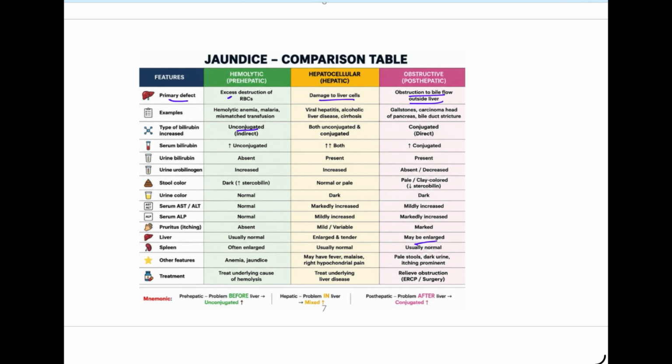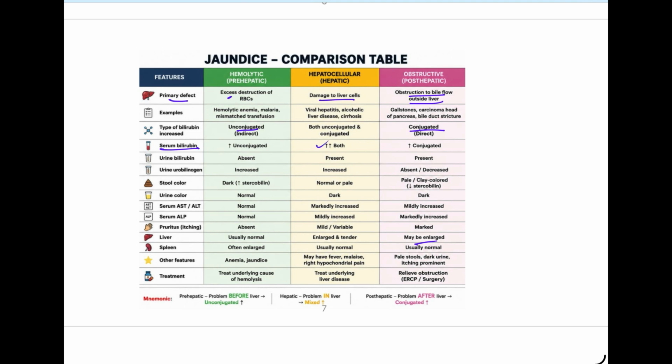In hepatocellular jaundice, both types of bilirubin are seen, unconjugated and conjugated, whereas conjugated bilirubin is seen in obstructive jaundice because obstruction to the bile flow occurs after the bilirubin gets conjugated. Types of serum bilirubin: in hemolytic jaundice, unconjugated bilirubin is seen.